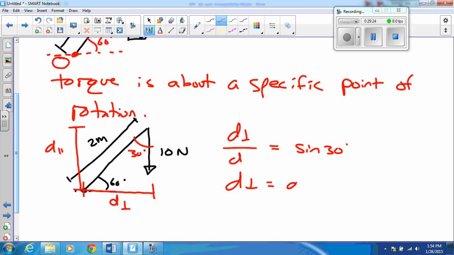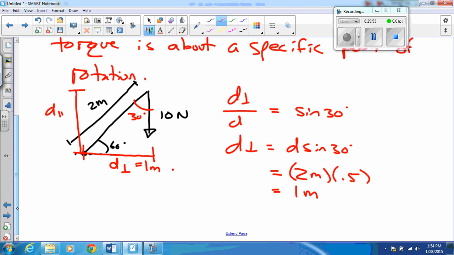If I solve for d perpendicular by multiplying both sides by d, then d perpendicular is distance times the sine of the angle between force and distance. That's 2 meters times the sine of 30 degrees, which is 0.5, or 1 meter of distance right here.